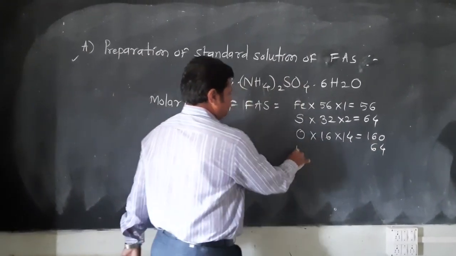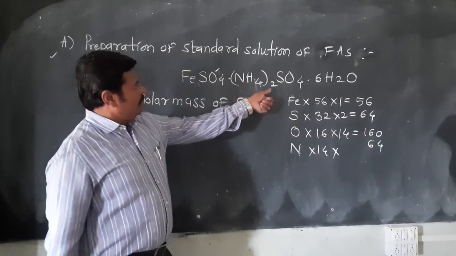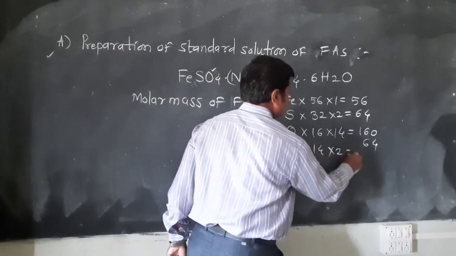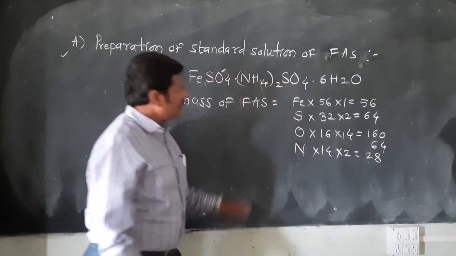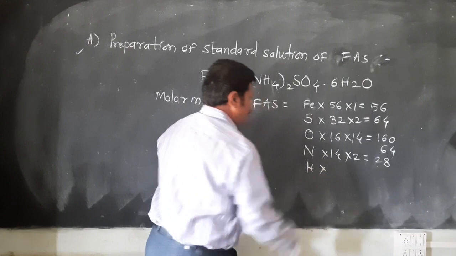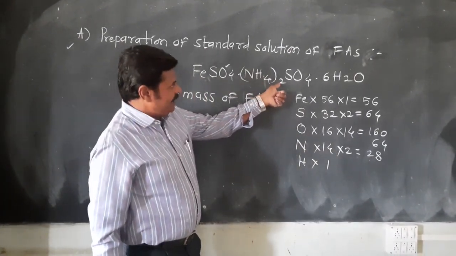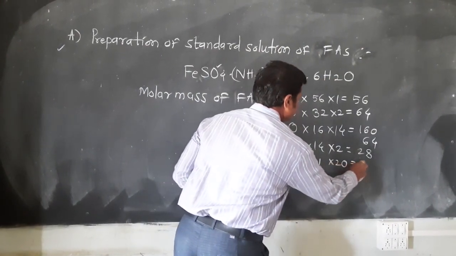Then nitrogen, atomic weight 14 into 2 into 1, 28. Hydrogen remains. Hydrogen, atomic weight 1, number of atoms 4 twos are 8, 8 plus 12, 20.